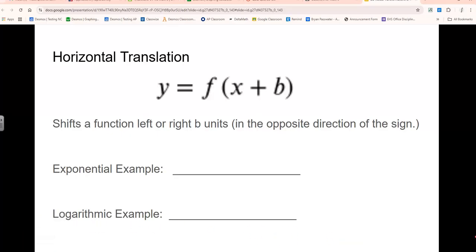If I have a function that is an exponential, I'm going to call it f of x equals e to the x. If I want to shift this to the right 1, I would need to put a minus 1 up here in the exponent. That would shift this graph right 1.